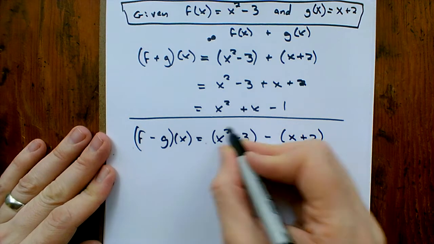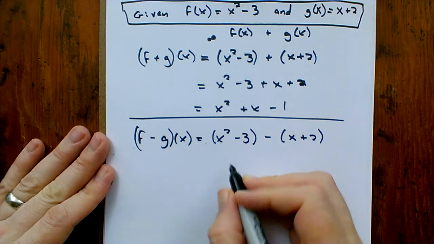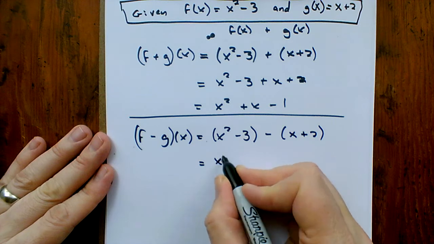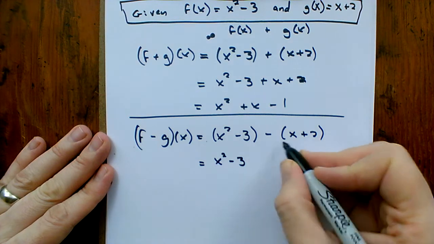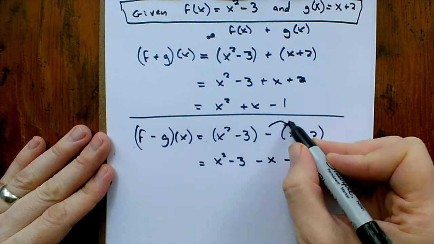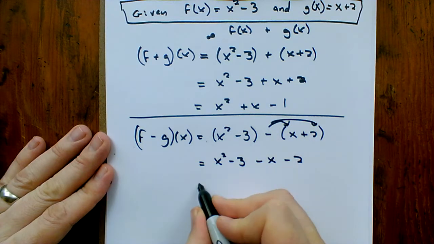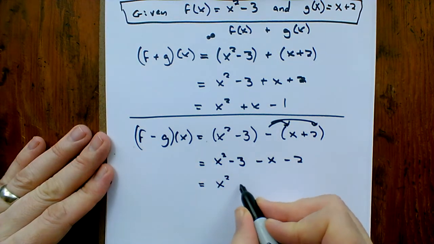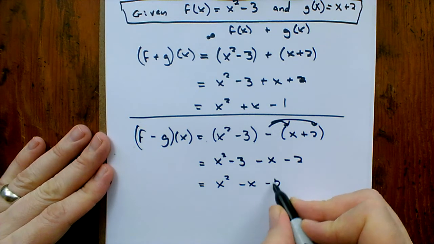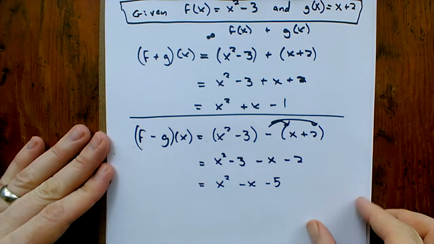So I'm not subtracting this one from that. So I still have x squared minus 3, but now this is going to be minus x minus 2. I'm distributing this negative through. So I've got x squared minus x, and negative 3 plus a negative 2 is going to be negative 5.